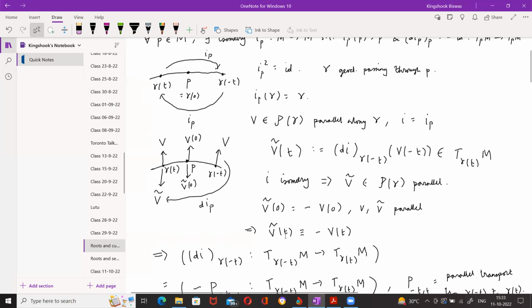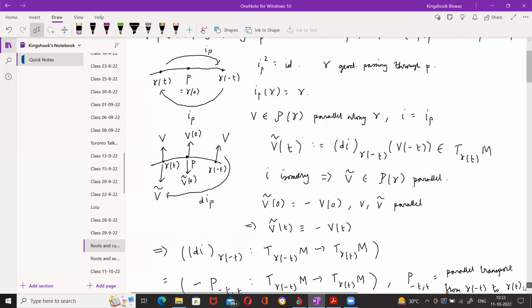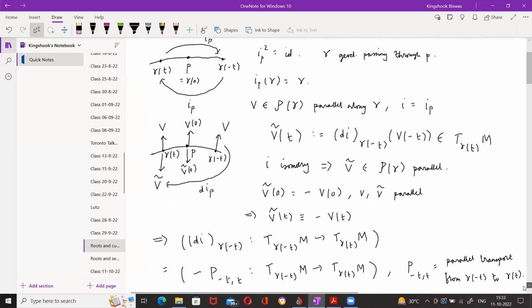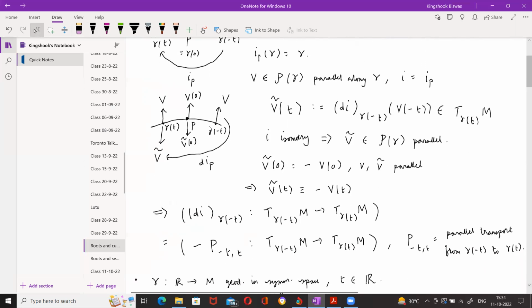What does that mean? That means that this V tilde is minus V. I mean, V over here is given by parallel transport of V over here, right?